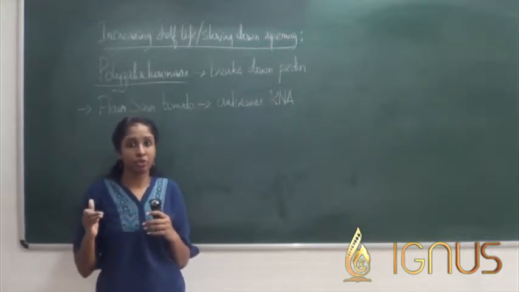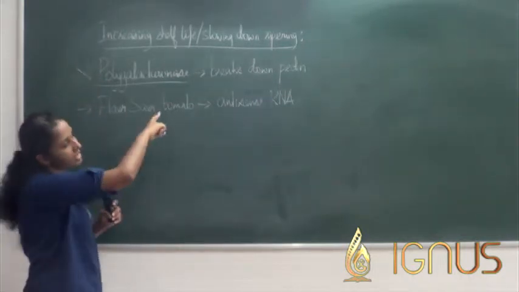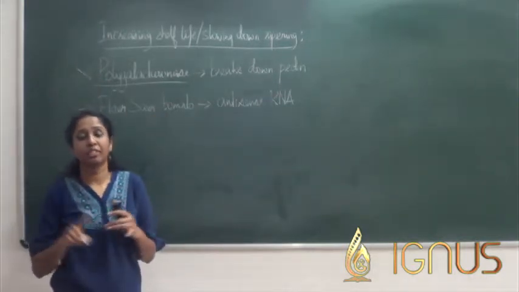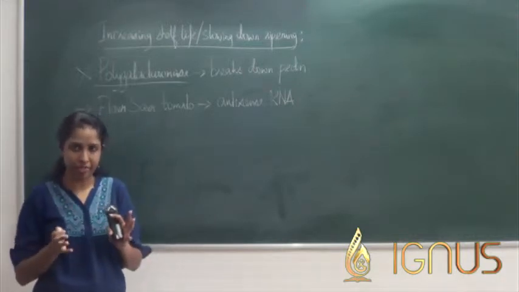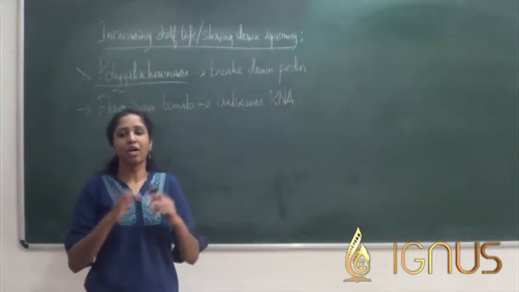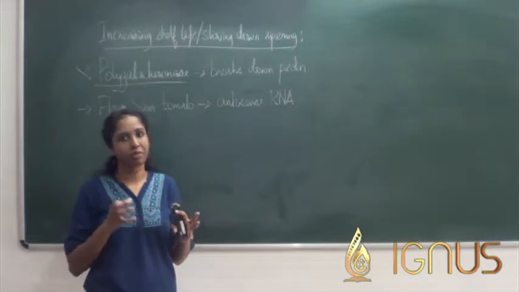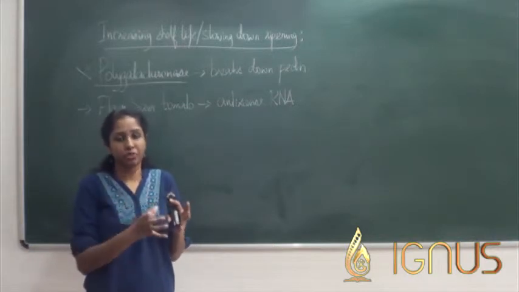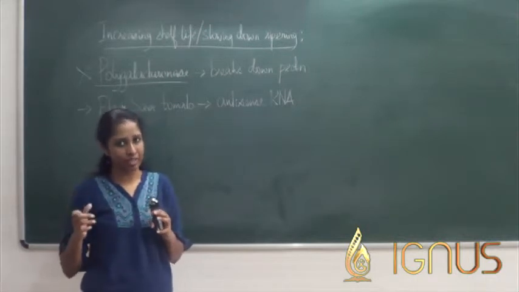So the only way to do it would be to stop the action of the enzyme polygalacturonase so that it is not going to break down pectin, which means that the outermost covering of the fruit or the vegetable is going to remain intact. If the outermost covering remains intact, then it is not susceptible to infection, so the fruit is not going to get destroyed because of a fungal or bacterial infection.